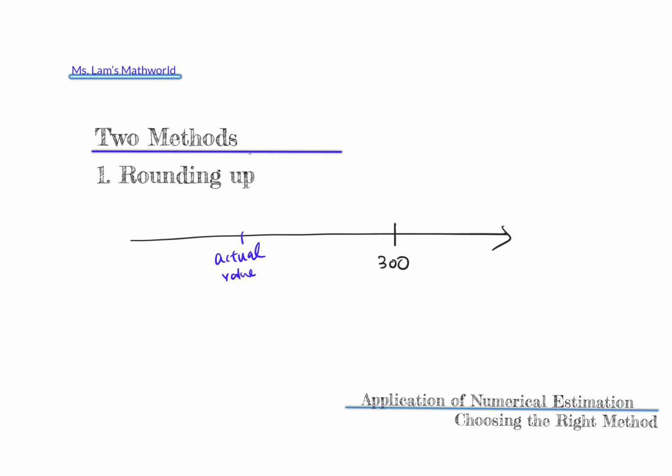Then we will round up the numbers and it becomes larger, right? When we round up, that means the number will be larger. So this is the estimated value after round up.